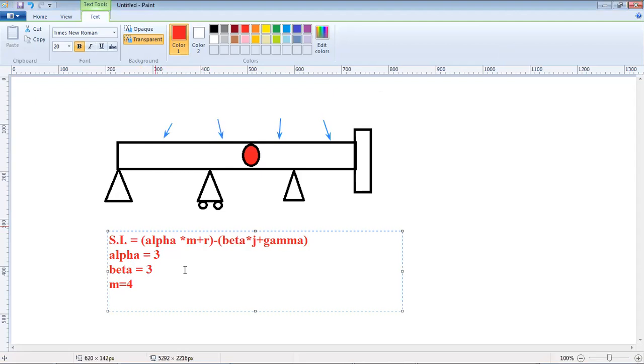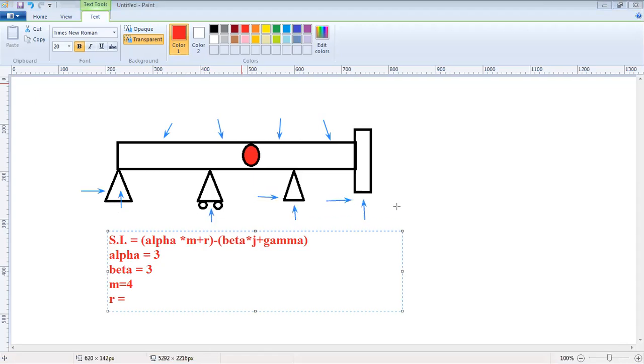Then R is the number of reactions. Now the number of reactions are 1, 2, 3, 4, 5, 6, 7, and then you have 1 rotation like this.